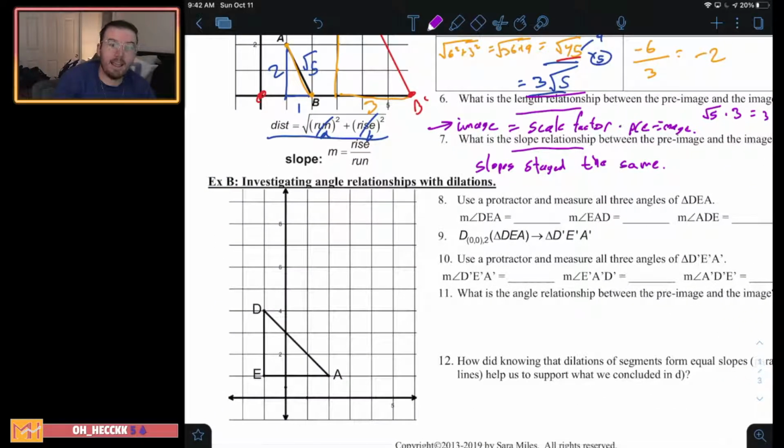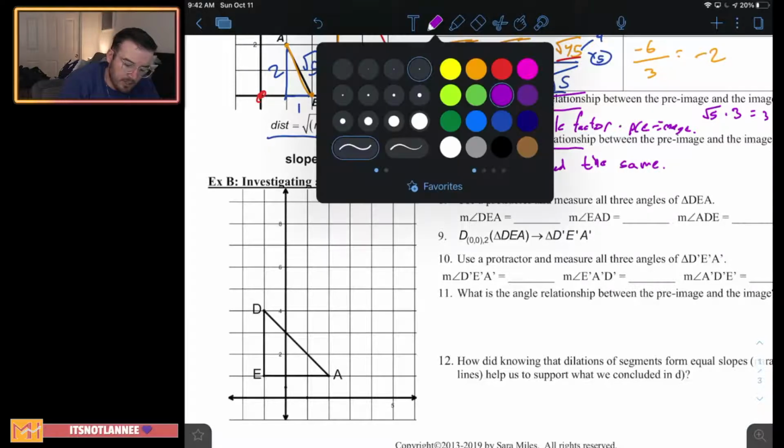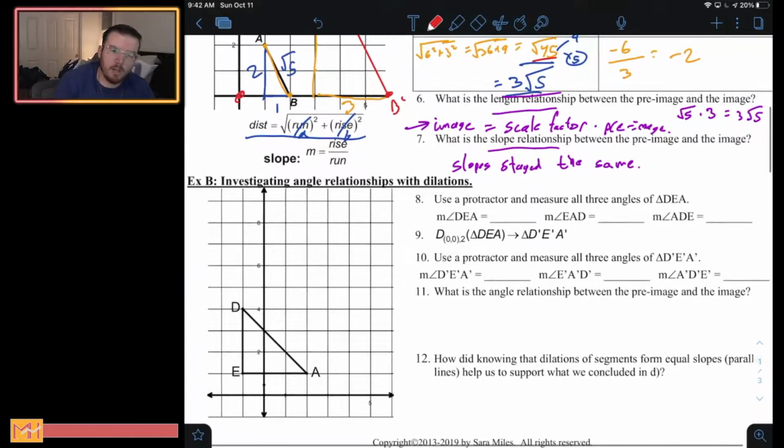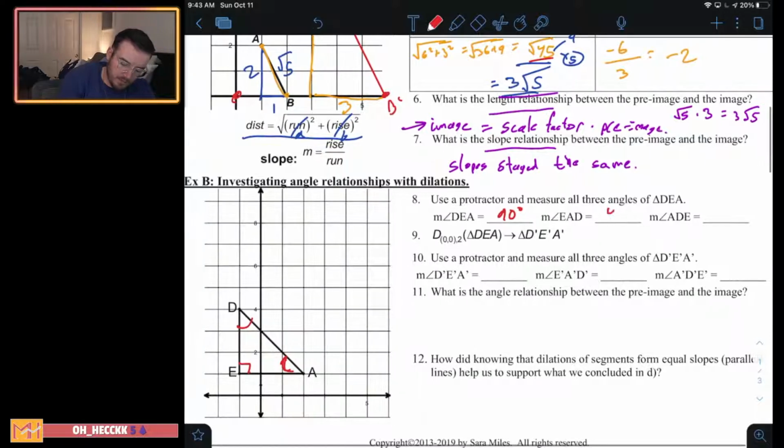Let's look at angles here. So what is the measure of DEA? Use a protractor and measure all 3 angles. Well, we don't have a protractor to use right now, but spoiler alert, this is a right angle, so that's 90 degrees. And these 2 angles are 45 degrees.